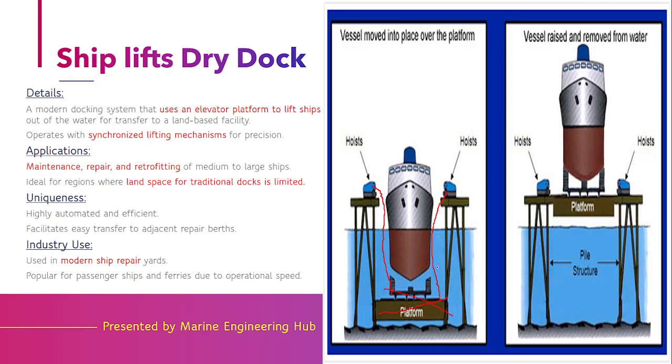If one gets slack and one gets pulled, these two need to synchronize perfectly so the platform remains straight while coming up. After that, these are the modern designs and basically popular for passenger type vessels due to operational speed.